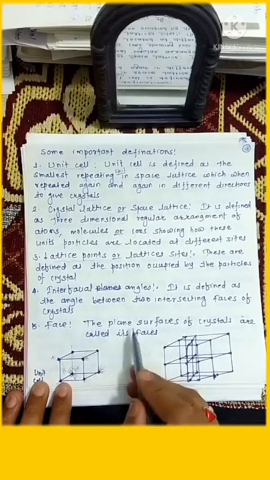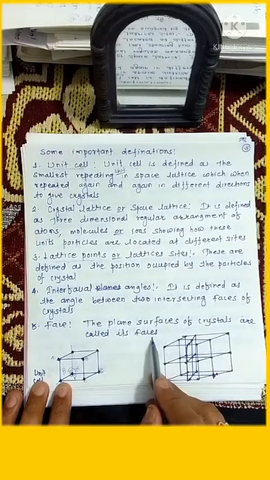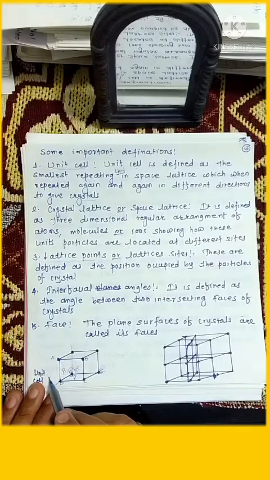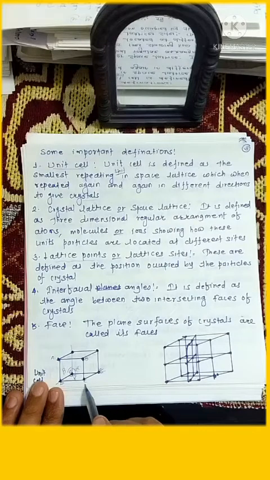Now what is a face? The plane surfaces of crystals are called its faces. So just see in this unit cell, A, B, C, D is known as a face of the crystal. Also D, C, E, F is one of the faces.